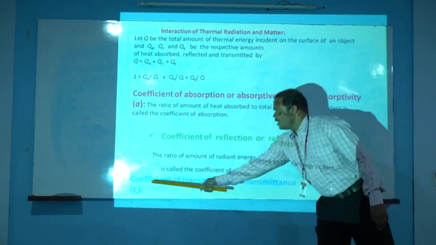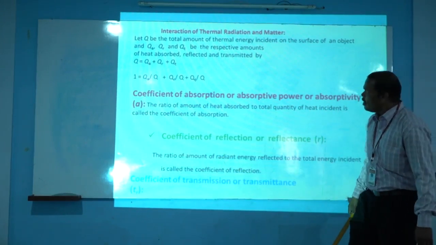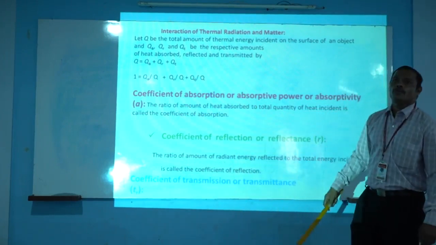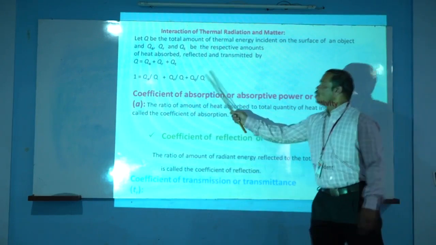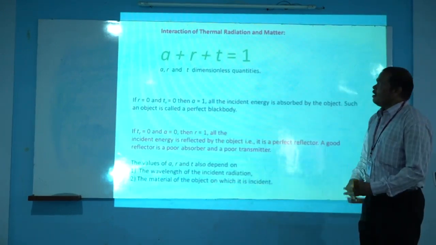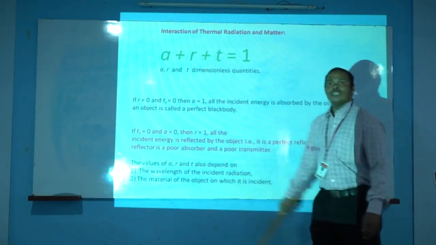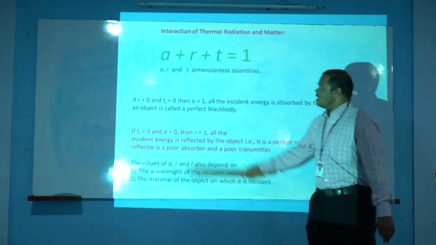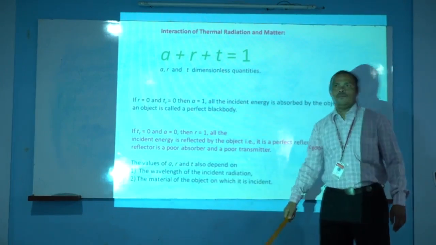It has the notation TR, or sometimes small t, equal to the ratio QT upon Q, where QT is the amount of heat transmitted and Q is the amount of heat incident. Then the sum of the three components is equal to 1, that is A plus R plus T equals 1.